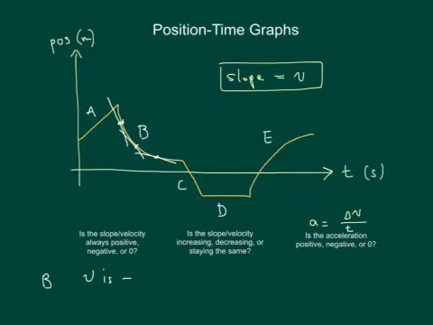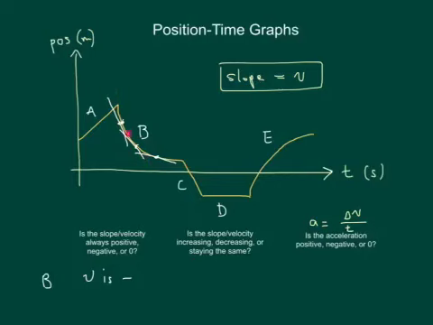But instead of writing slope is negative, I write V, velocity, is negative. The next question says, is the slope or velocity increasing, decreasing, or staying the same? I look at these tangent lines and I see they're getting less and less negative. This one is really steep, so it's like negative 20.